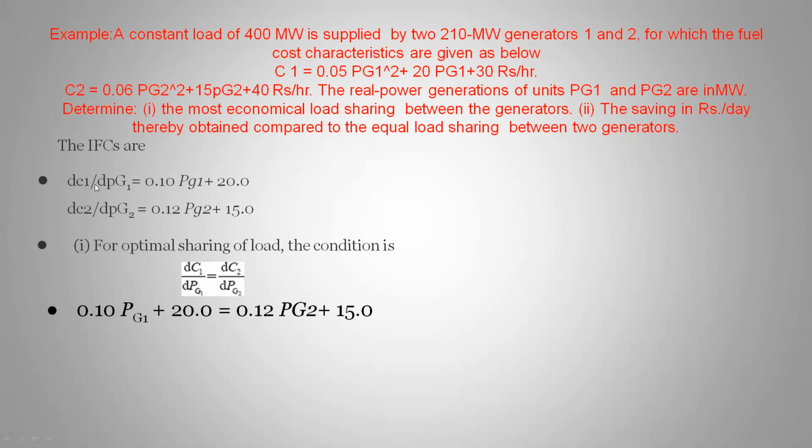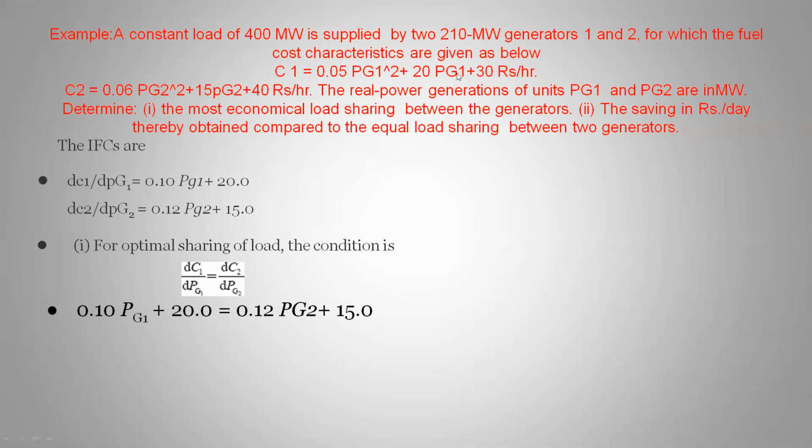So first, in the C1 characteristic equation, dC1/dPg1, we differentiate C1 with respect to Pg1. 0.05 into 2 gives 0.10 Pg1 plus 20.